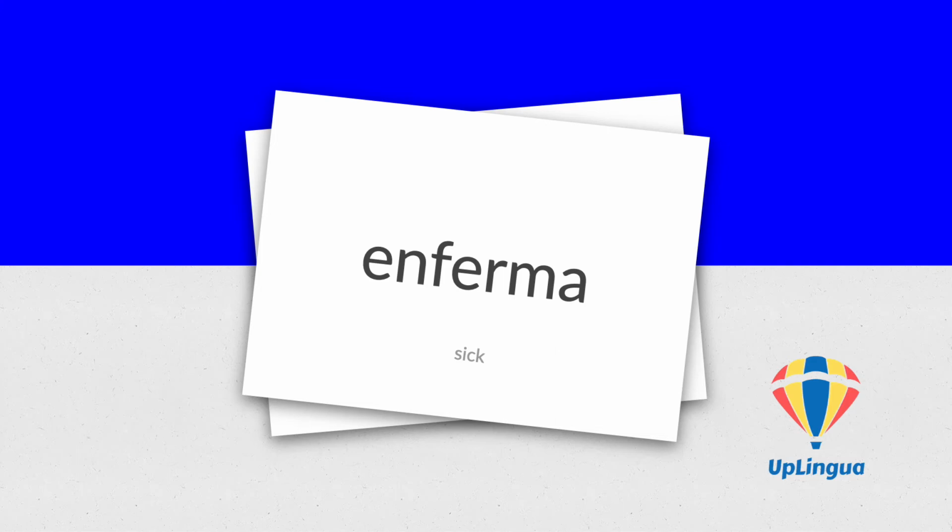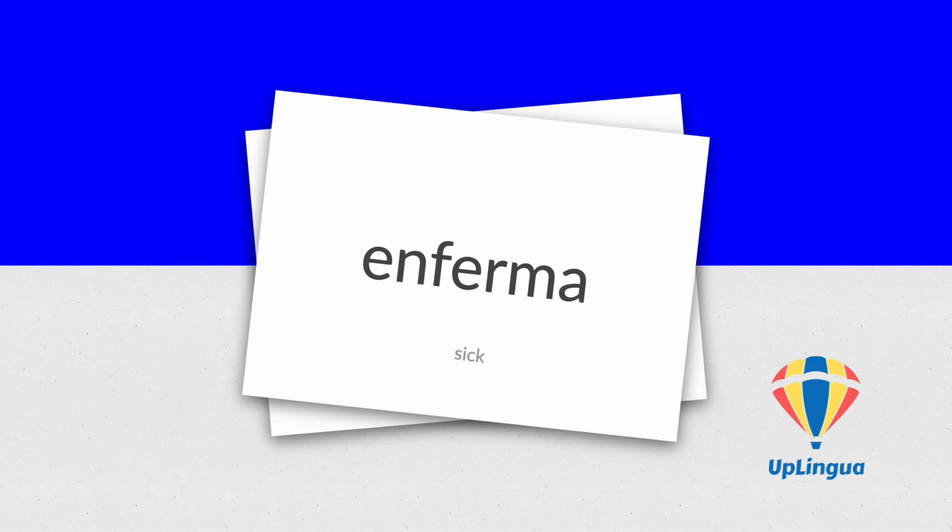Enferma, sick. The Spanish word for sick is enferma. Now you notice this ends with an A, so this would be a feminine sick. Enfermo would be a masculine sick. So if you're talking about a girl or a woman, she would be enferma. Or if you're talking about a boy or a man, he would be enfermo.